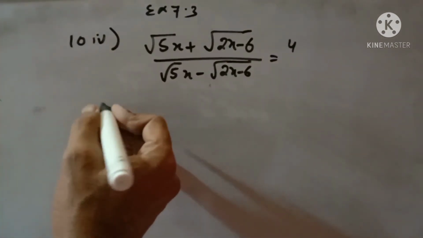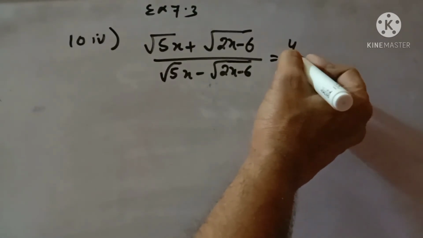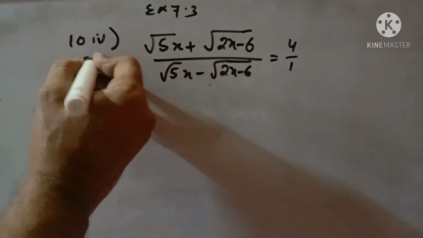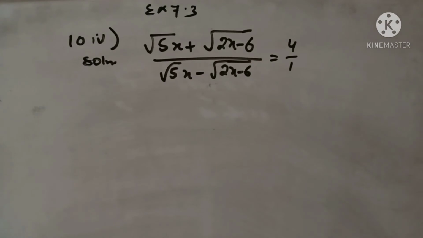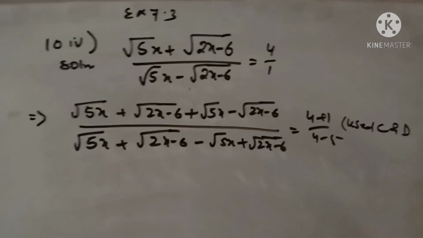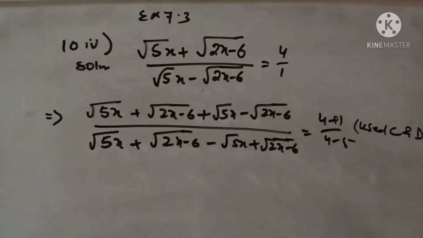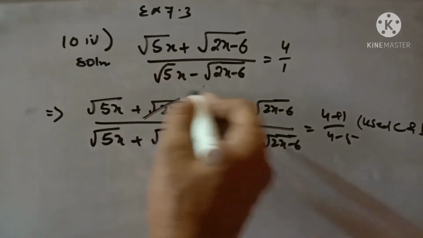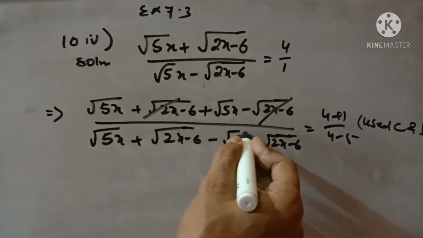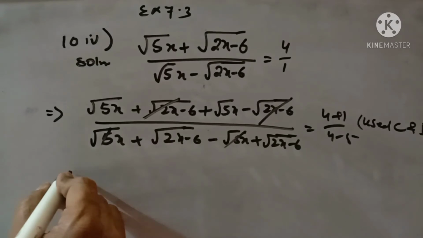I can write, here nothing is there means 1. Solution: using componendo and dividendo, write down. So after using componendo and dividendo, our term is like this only. So this term we can cancel, and here we can cancel this term.